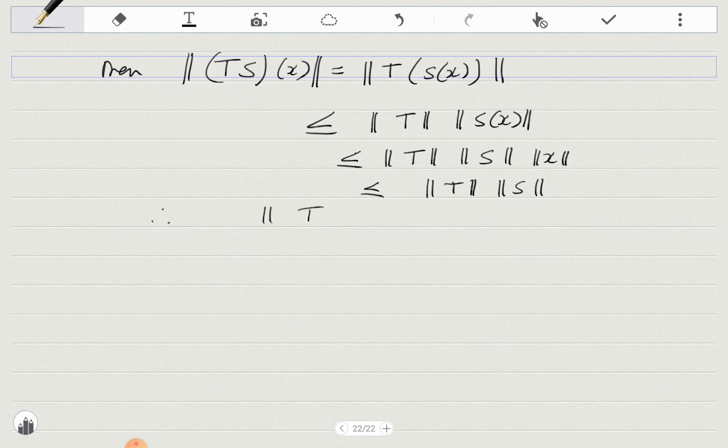Therefore, norm TS is less than or equal to norm T times norm S.